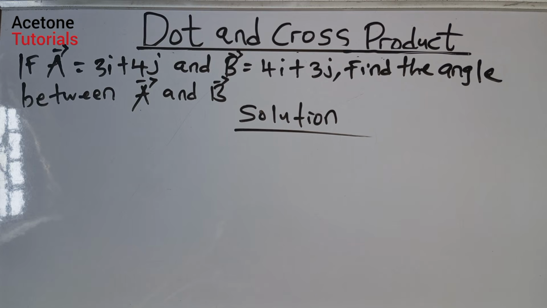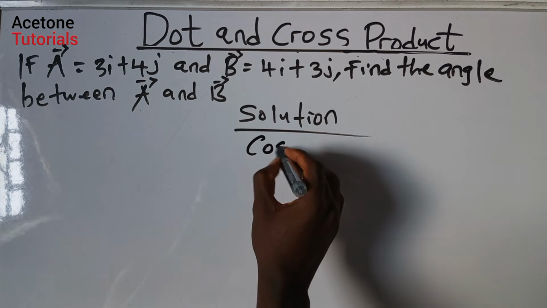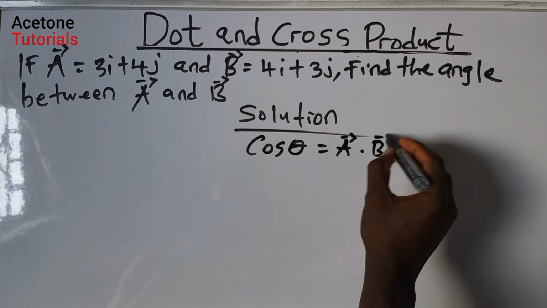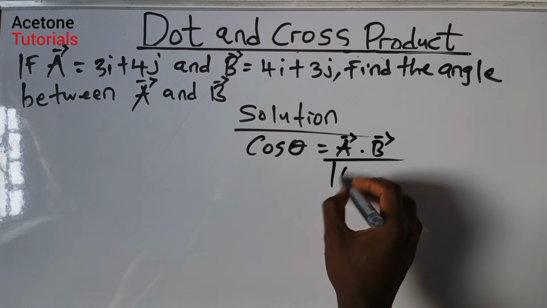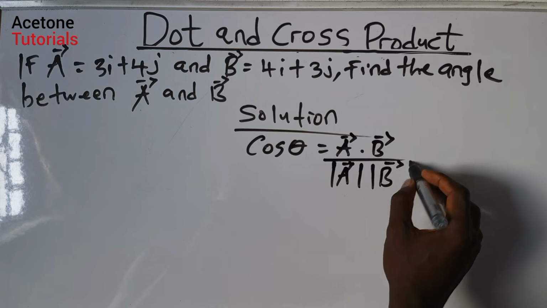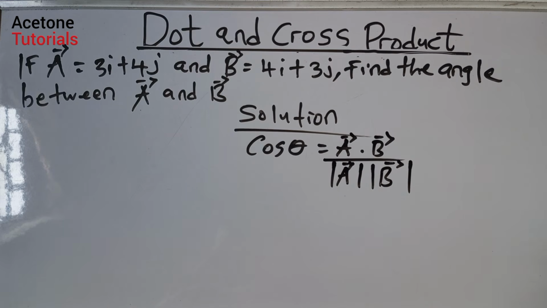So if you make cos theta the subject of the formula, cos theta will be equal to A dot B over the magnitude of A multiplied by the magnitude of B. So we need the dot product and we need the magnitudes of A and B.